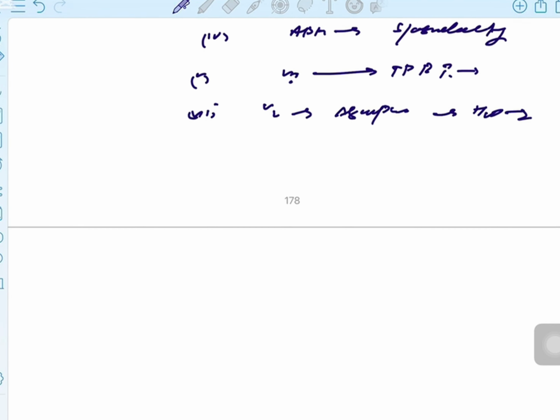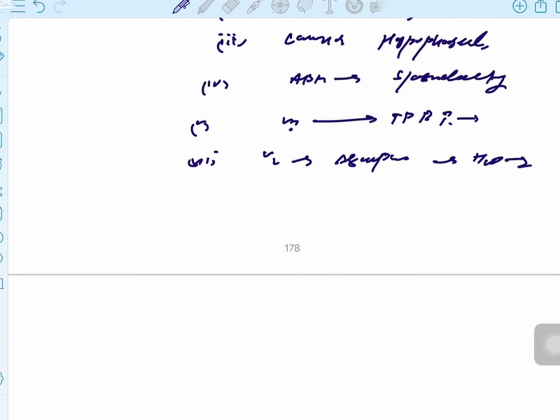Okay guys, now we will discuss SIADH, most important point. SIADH. Number 1, what will happen in a patient of SIADH? Serum osmolality will be low. It will be hypotonic or hypoosmolar serum. Number 1. Urine osmolality will be high.